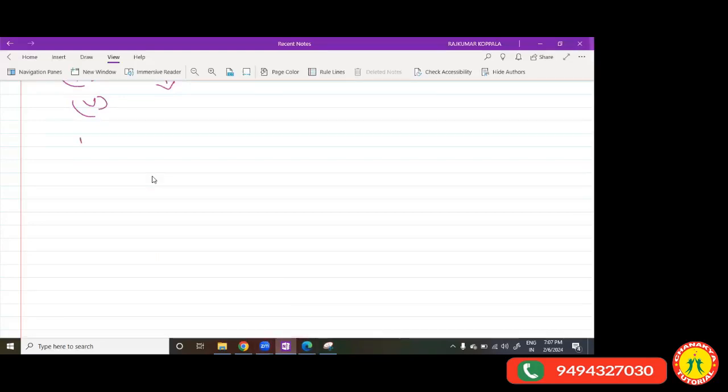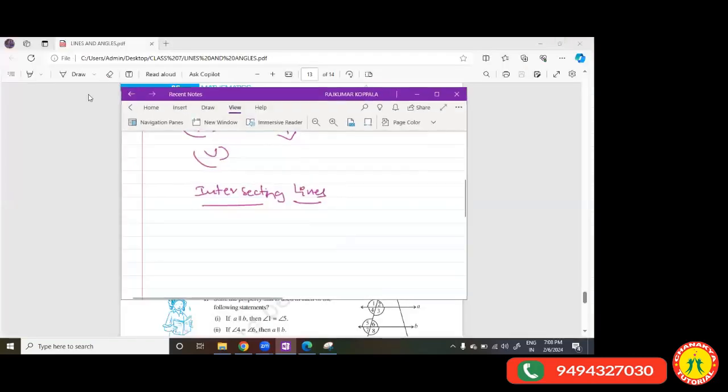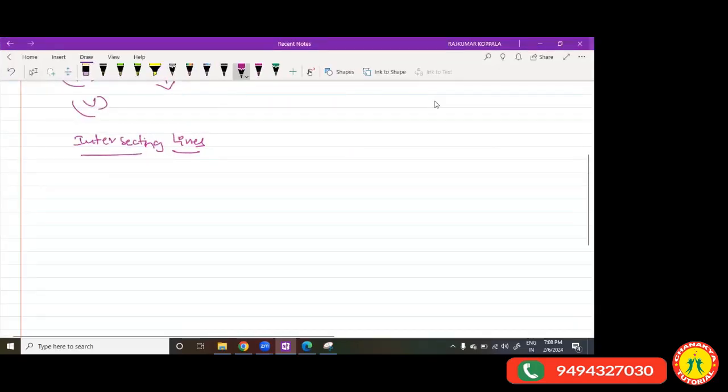First one is intersecting lines. Okay. See, if any two lines, these are the two lines.